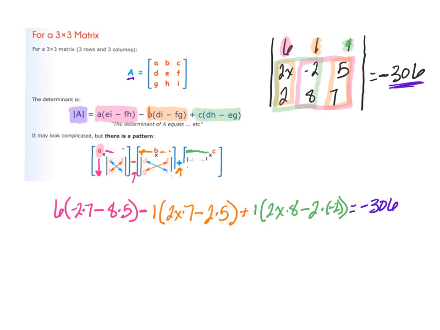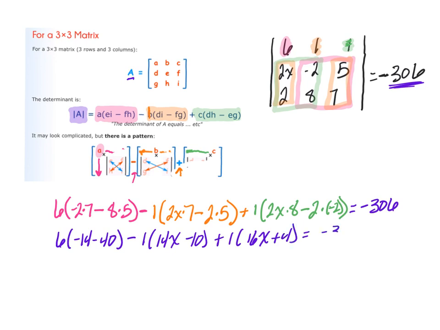It tells us what it is. What I have to do is solve for x. So now I'm going to simplify all this. We've got 6 times (negative 14 minus 40) minus 1 times (14x minus 10) plus 1 times (16x plus 4) equals negative 306.